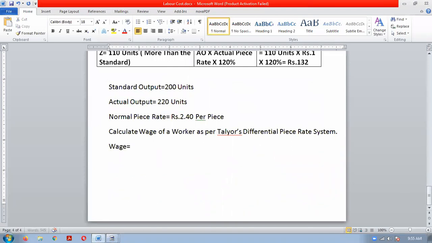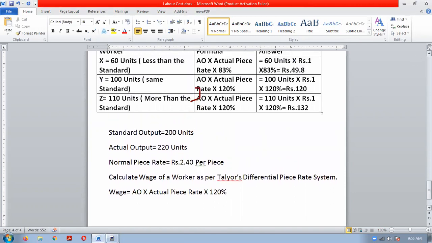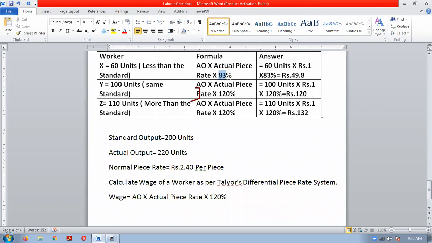Wage is equal to actual output into actual piece rate into 120%. Why 120? Because actual output is more than the standard output. If actual output is equal to or more than the standard output, we will apply 120%. If actual output is less than the standard output, we will apply 83%.